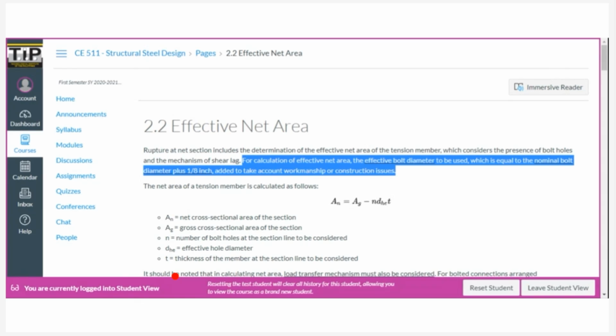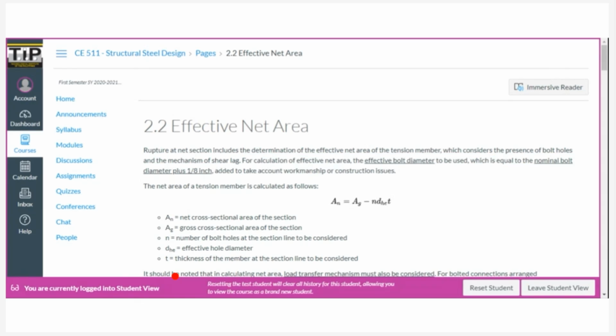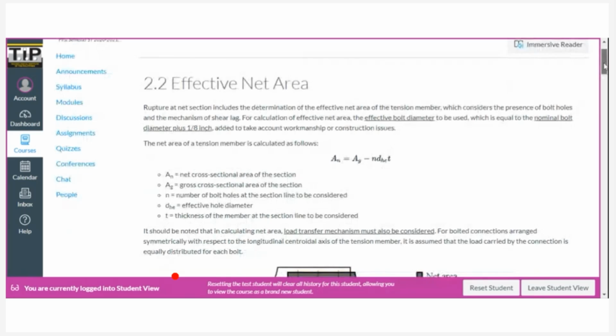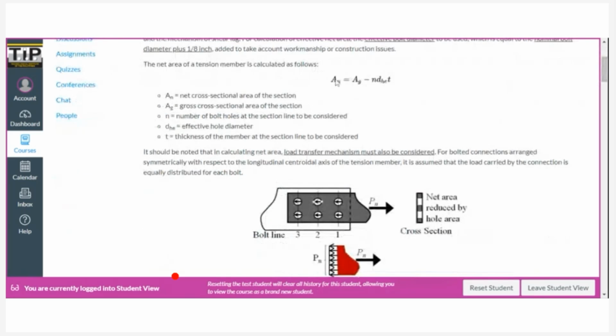Now, how do we actually determine the net area of a tension member? The net area is just the gross area minus n d_he t. N is the number of holes that we consider at a certain plane, at a certain section line.